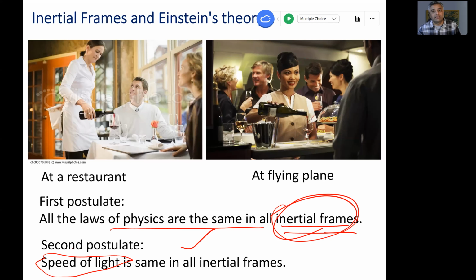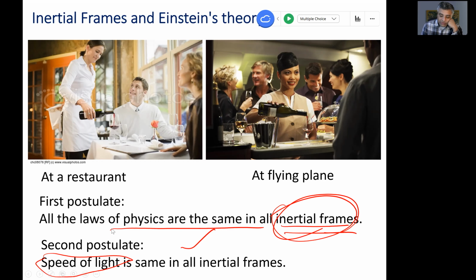That's the example we had, the last two clicker questions. The speed of light remains c as long as the object is not accelerating. Okay, so these are two things.